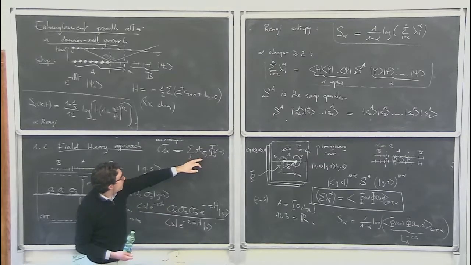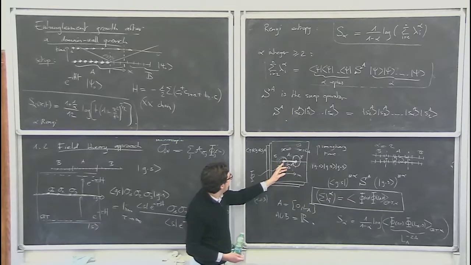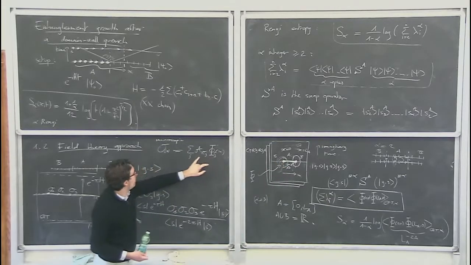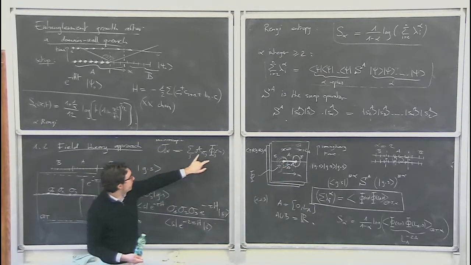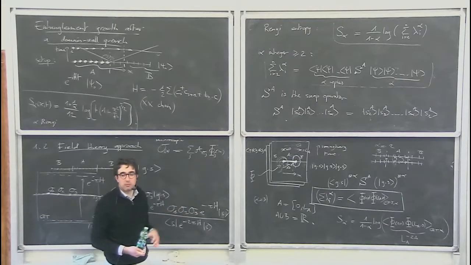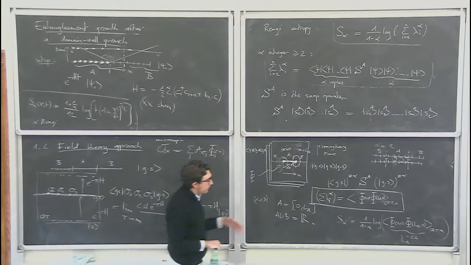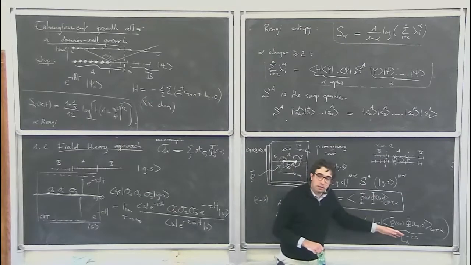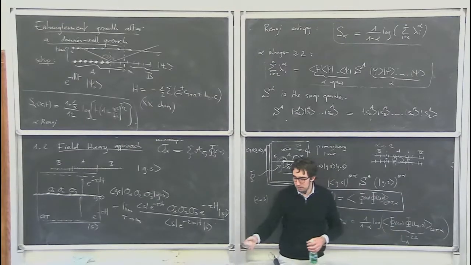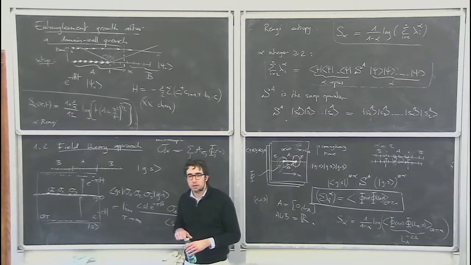And I said there could be infinitely many of those, so they would all appear in this sum, but in the end, the one that will fix the asymptotic behavior will be the one with the lowest possible scaling dimension. And this is the one we are interested in. For this one, the scaling dimension is well defined, and this is what I want to show you how to calculate now.